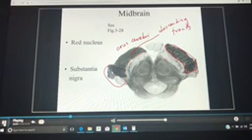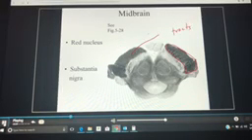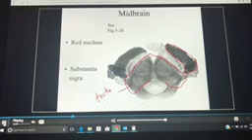The area that I'm outlining right here, this is the so-called tectum. So pretty much the substantia nigra separates the crus cerebri from the tegmentum.